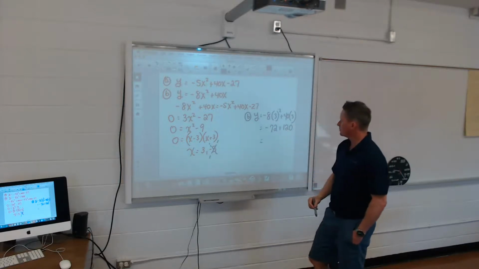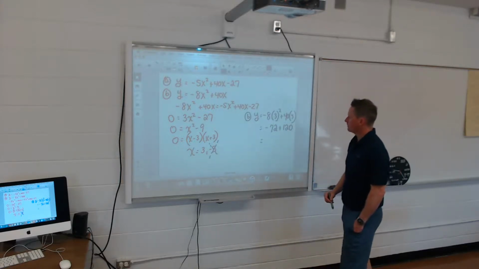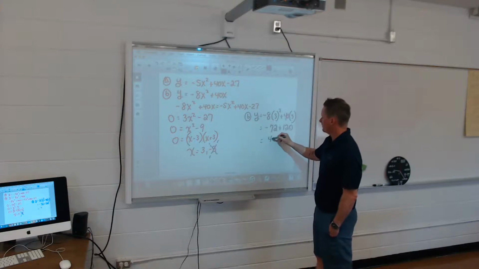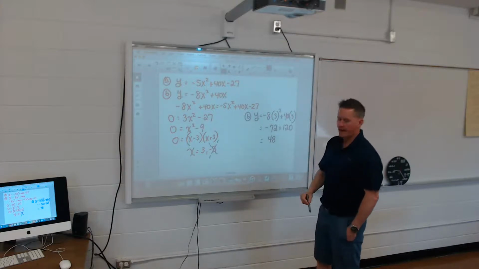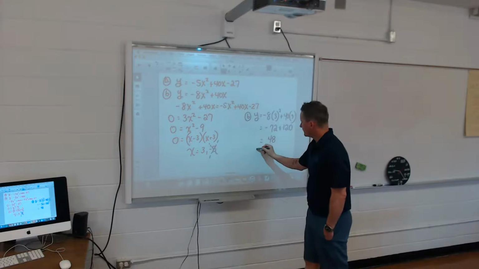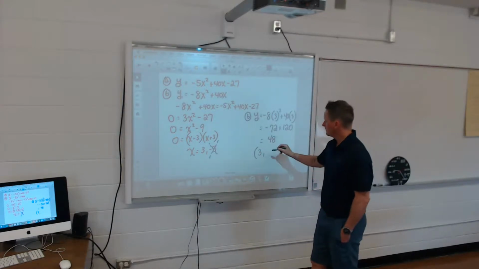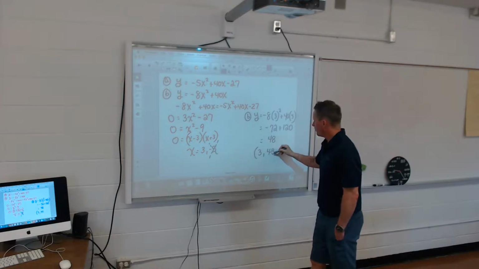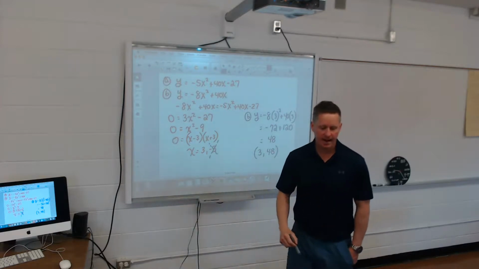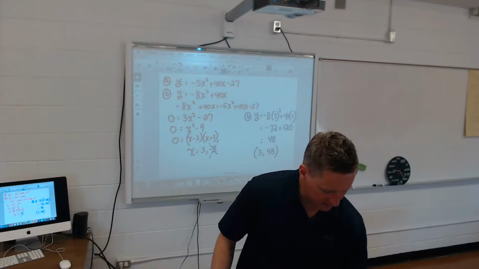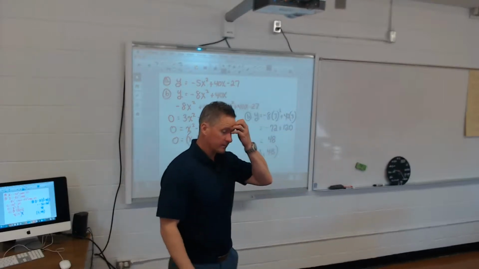So I take 120 and I subtract 72, and I end up with 48. So after 3 seconds, those two graphs, or those two golf balls, are going to hit at 48 meters above the ground.